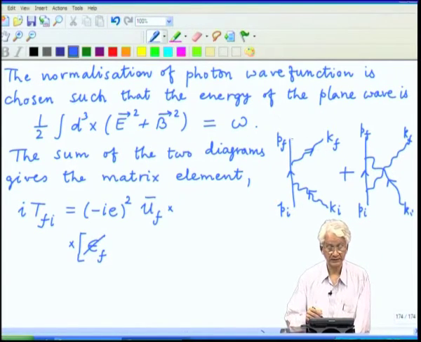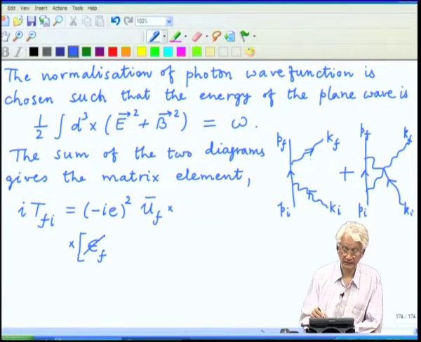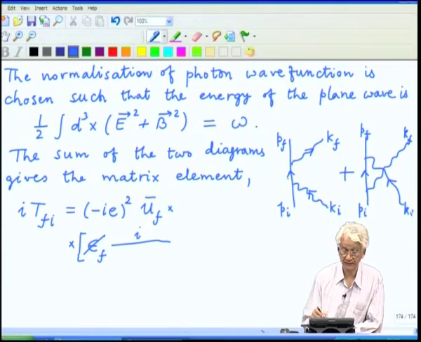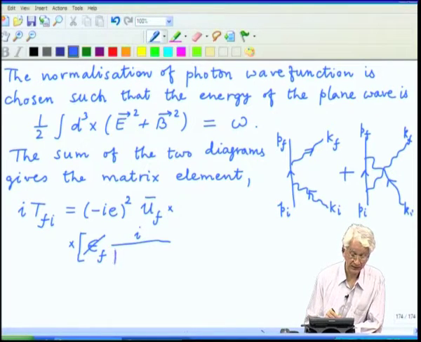So, as the rule goes, we start with the end point of the electron line, u bar f, and then work backwards all the way. So, the first interaction produces epsilon f slash. Then there is a photon propagator, the electron propagator, and we have to use the energy momentum conservation to find out what its momentum is, and that momentum is p i slash plus k i slash, and then minus m plus i epsilon.